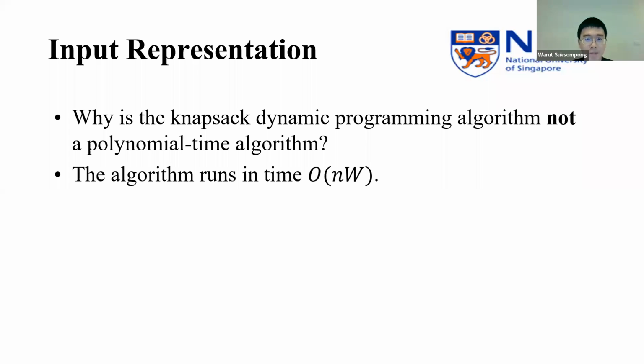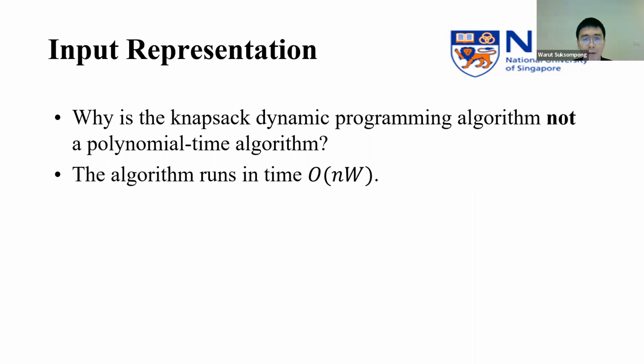The algorithm runs in time order n times W. Remember knapsack: there are n items, and you're trying to choose some subset of them with total weight at most the capacity capital W of the knapsack, and you want to maximize the value of these items. The dynamic programming algorithm runs in time order n times capital W.